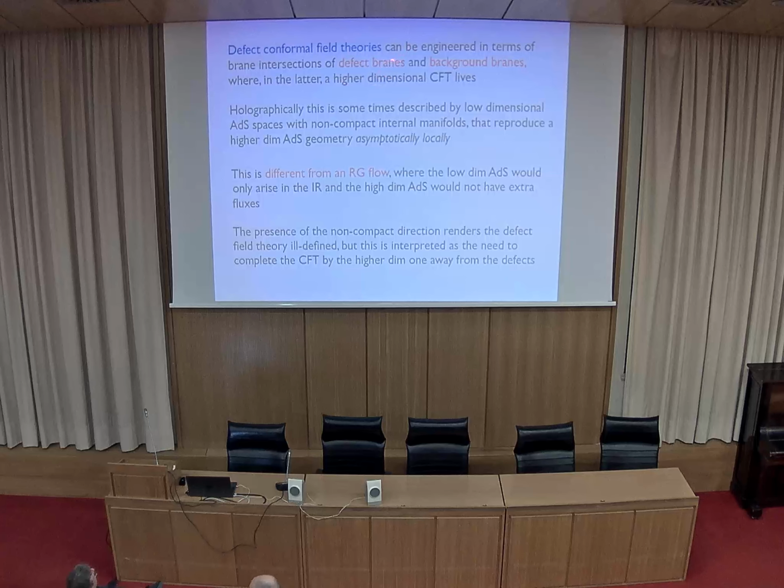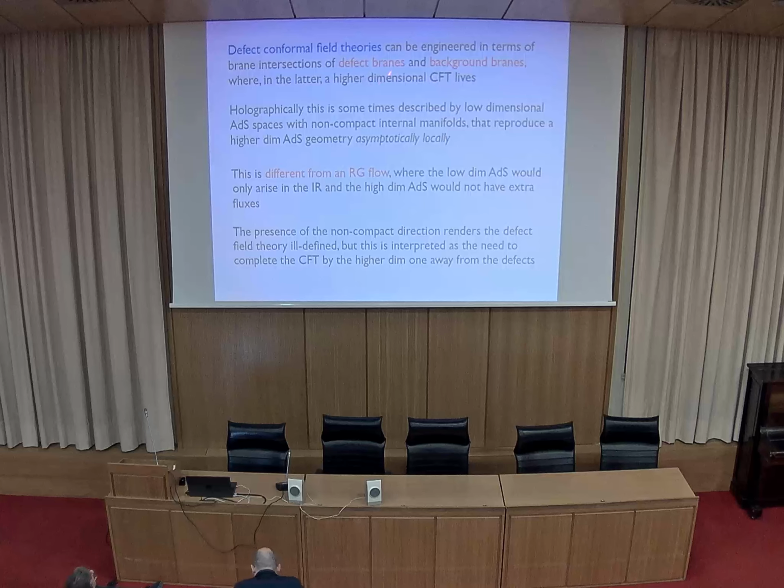The whole thing gives a lower dimensional intersection where a lower dimensional field theory lives, which typically will give rise to some conformal field theory in the IR.